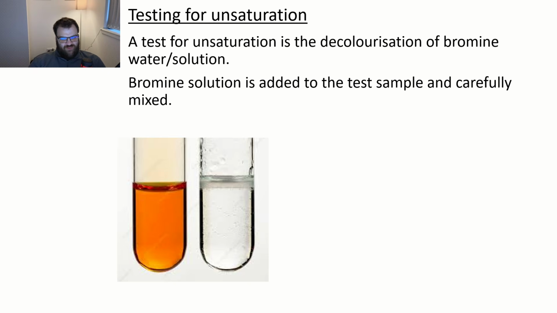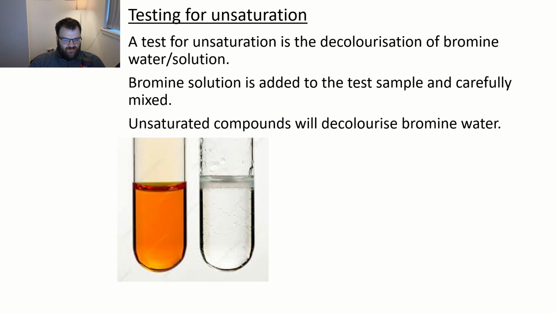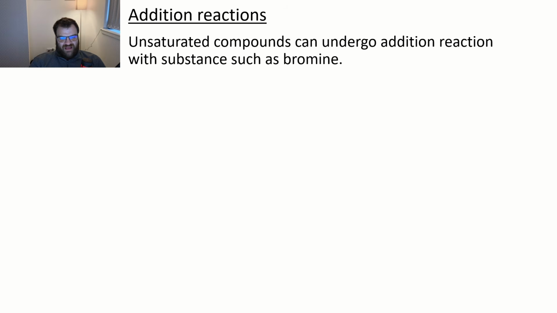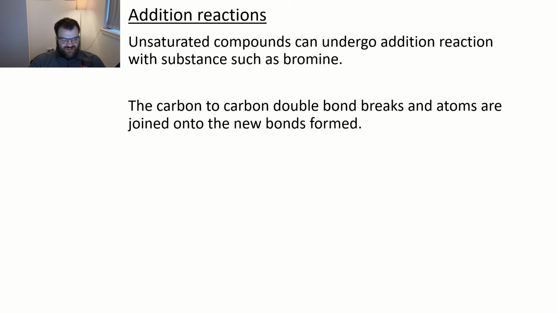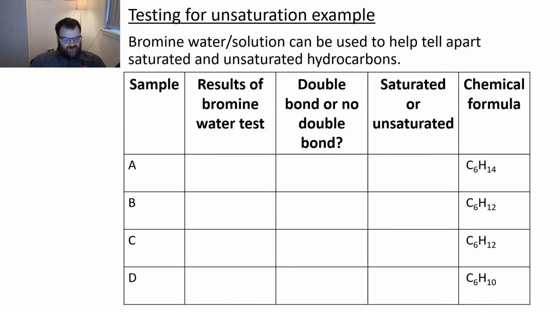We'll mix the bromine with our sample. Unsaturated compounds will decolorize bromine water quickly. This reaction that unsaturated compounds do with bromine is called an addition reaction. The carbon-to-carbon double bond breaks apart and we add on atoms onto the new bonds that are formed.